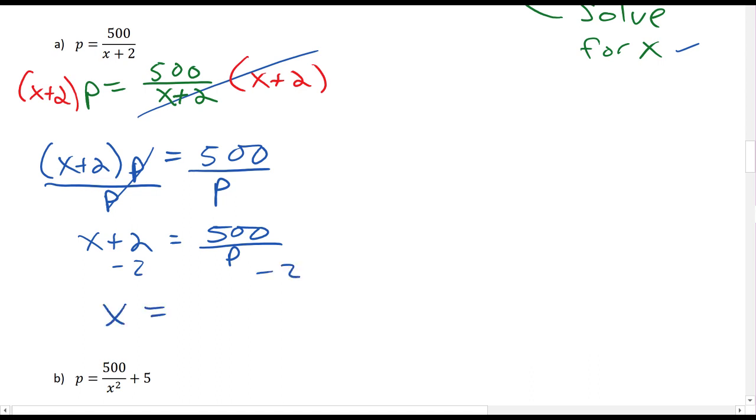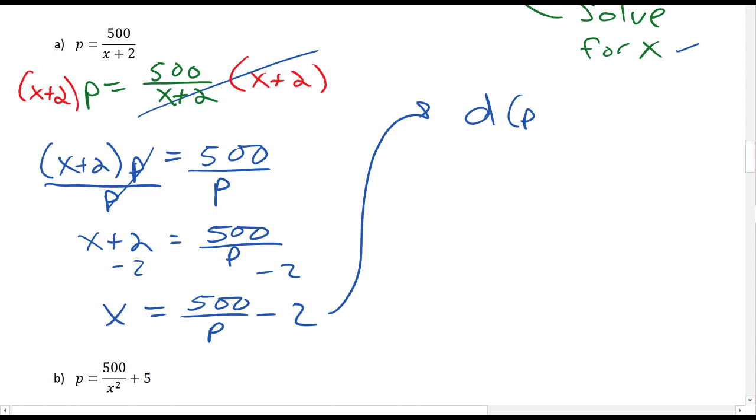We get that x is equal to 500 over p minus 2. In other words, our demand function, d of p, equals 500 over p minus 2. So the number of units that we sell based off a certain price follows this equation, 500 over p minus 2.